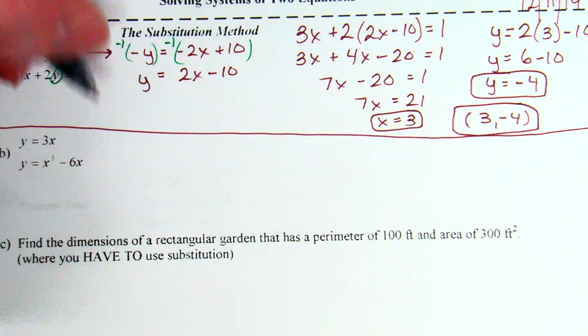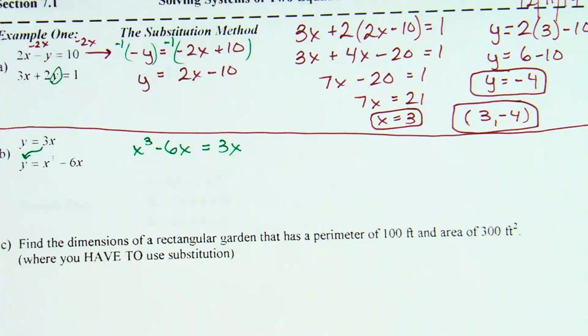Thoughts on where to go from here? Okay, yeah, let's take it all to the same side. Let's make it equal 0. So how are we going to move the 3x? Subtract 3x. So now I have x cubed minus 9x equals 0.